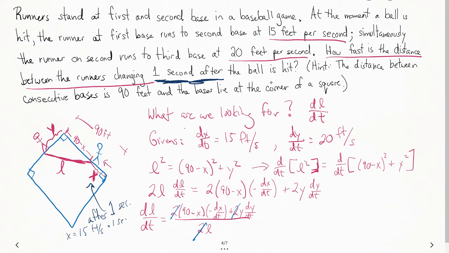So that equals 15 feet. So we have 90 minus 15, which tells us that this distance must be 75. And then negative dx/dt: what is our distance from first to second? We already had that, 15. So it's negative 15.